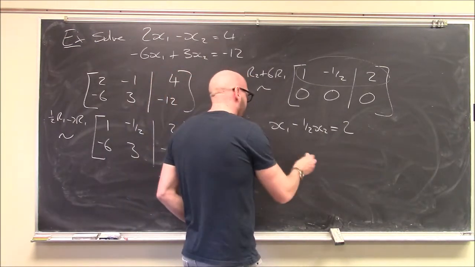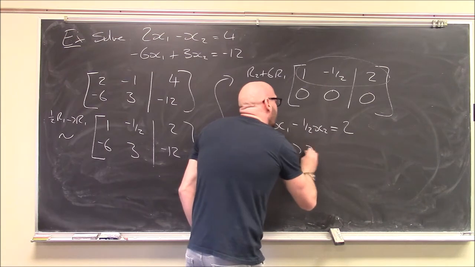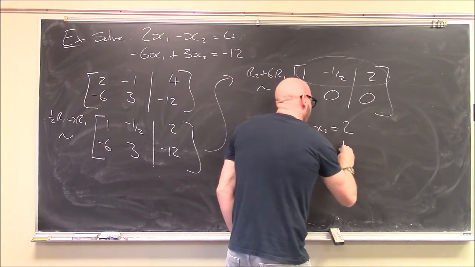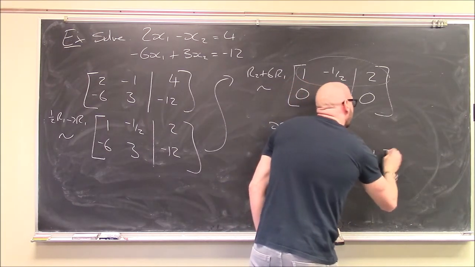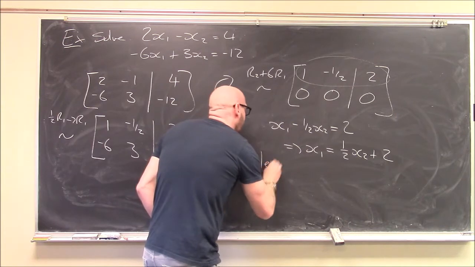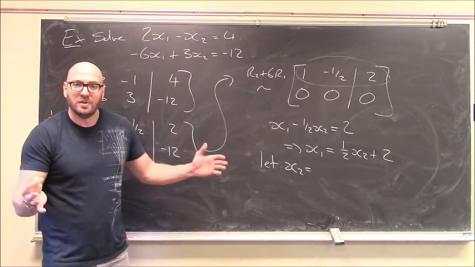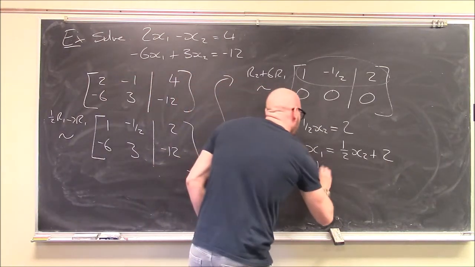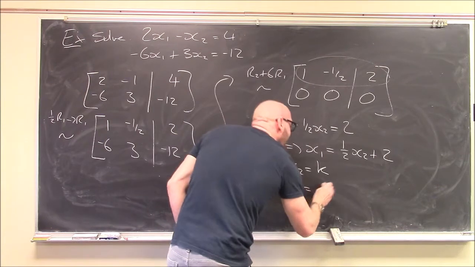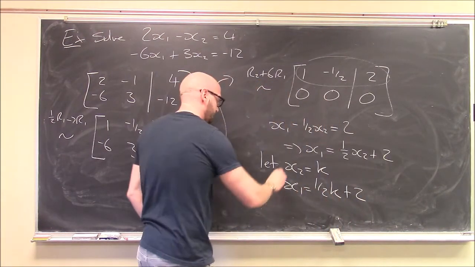So let's say, how about I solve for x1? x1 is going to be 1/2 of x2 plus 2. So my parameter, let's let x2 be, choose a parameter, call it k. x2 is k. And then x1 is 1/2 of k plus 2.